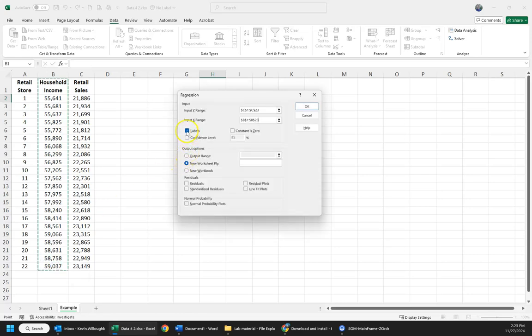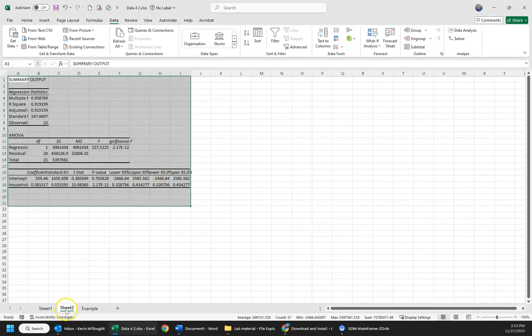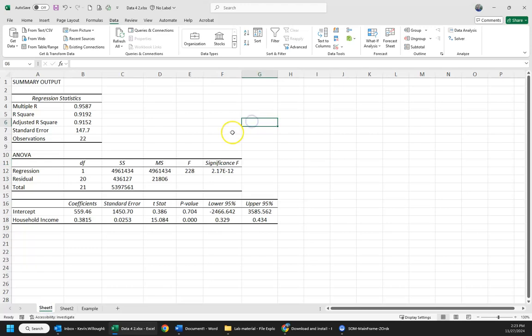Make sure you've checked off labels, and then hit OK. It takes you to a new worksheet. I'm going to go to this one where I've made it a little bigger so things stand out a little bit more.